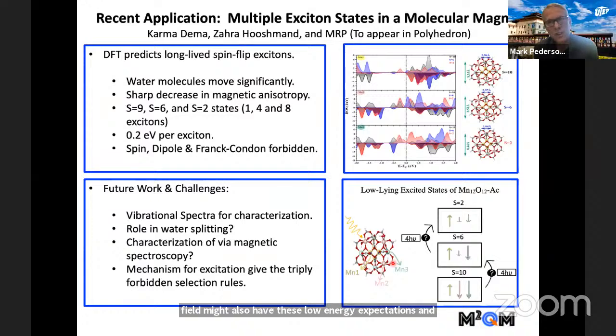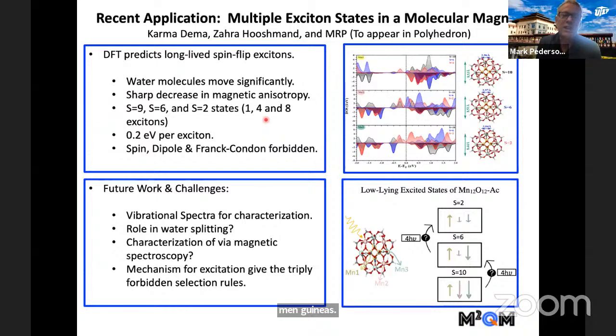And sure enough, it turns out that regular old DFT, no corrections, predicts that you can have these spin flip excitons that occur on each of the outer 8 manganese.